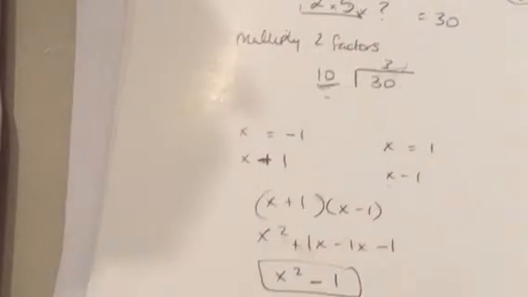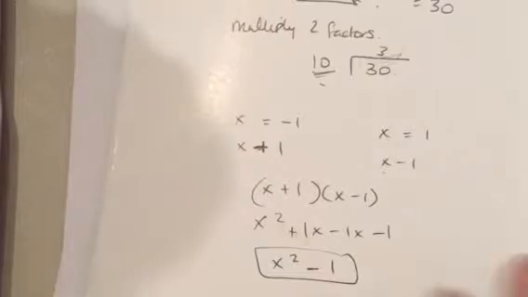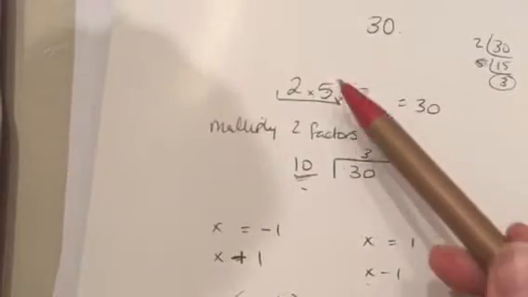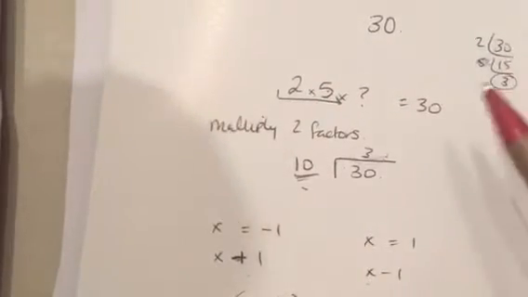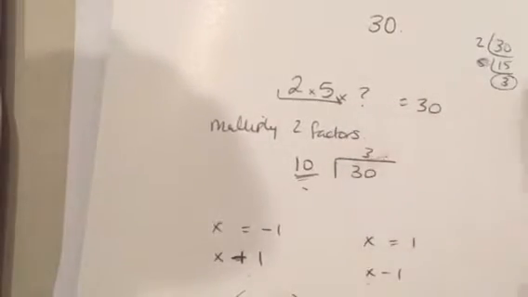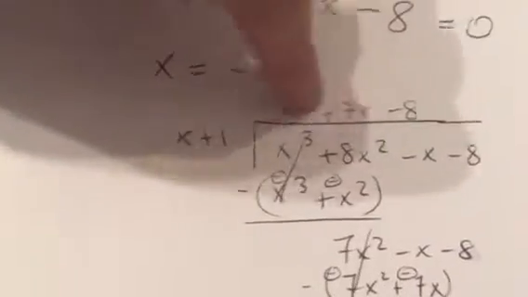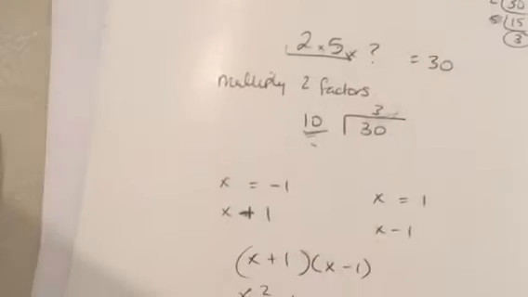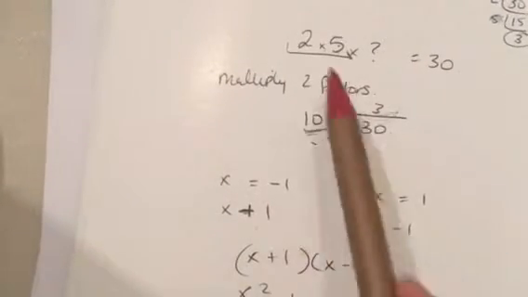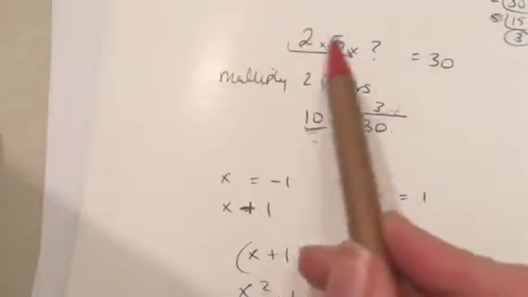I end up with a quadratic. It's not very long. Earlier on, all I did was I found one root, so I had a factor, and I just straight away divided that factor in, and then I had to solve this quadratic. Now I used the fact that I could just multiply my factors and divide it in.